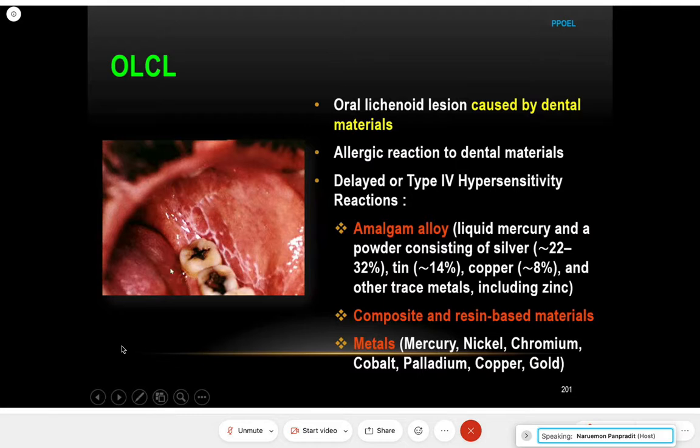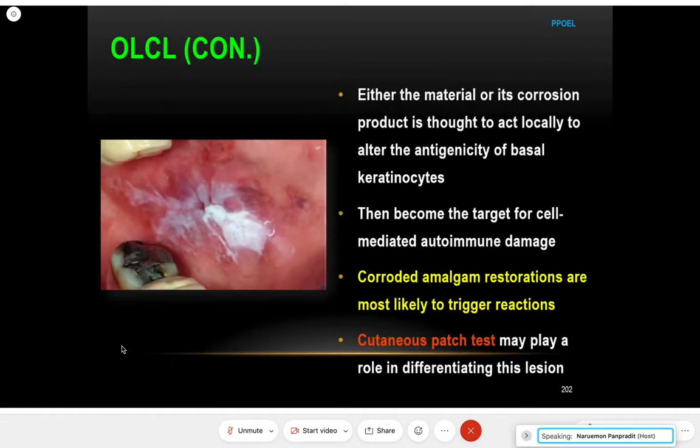Not symmetrical overall, but only some area shows the contact relationship of the lesion to the dental material like a filling or crown. Not only amalgam, maybe composite is also reported for oral lichenoid contact lesion. Metals like mercury and nickel are also reported as causes of lichenoid contact lesion.